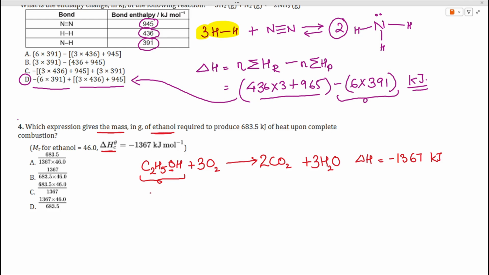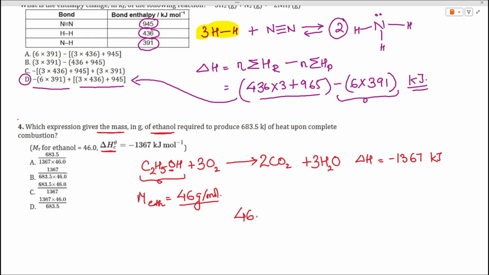So the molar mass of ethanol is going to be 46 grams per mole. We can check this from the periodic table. Carbon approximately 12 times 2 plus hydrogen 1 times 5 plus 16 plus 1 gives us 46 grams per mole.